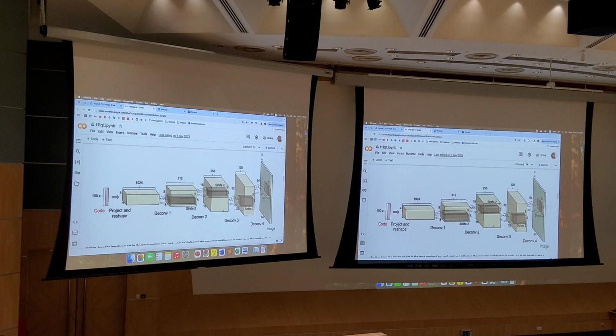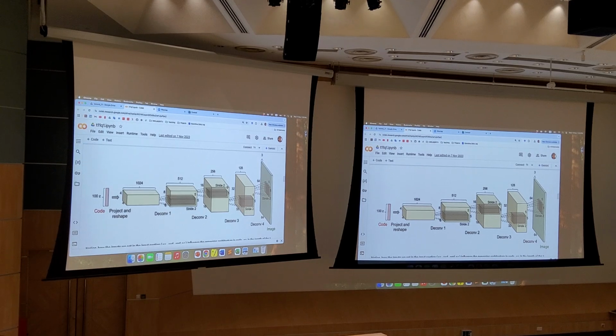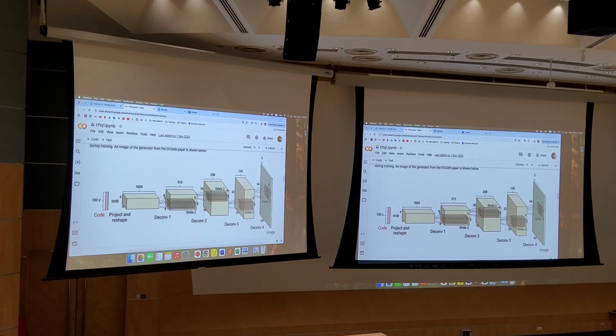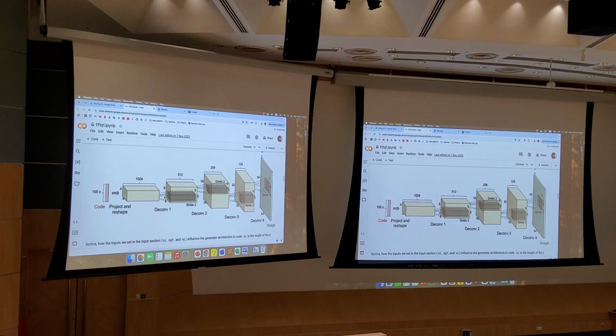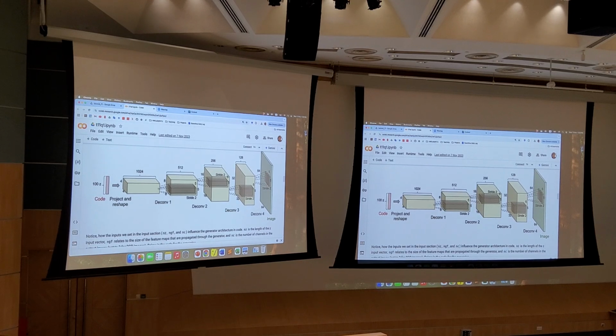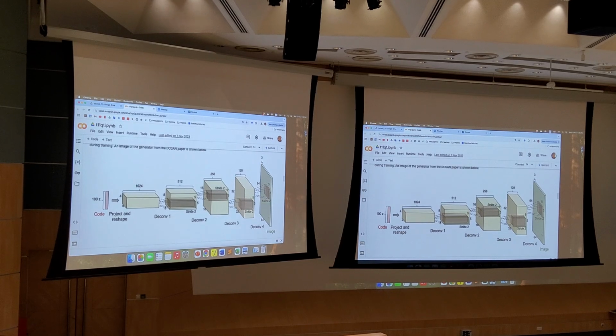Within the network, we are going to study the so-called deconvolution. Another name of this layer is fractionally strided, or transpose convolution. We use this special layer to upscale the features step by step until we reach the desired resolution.